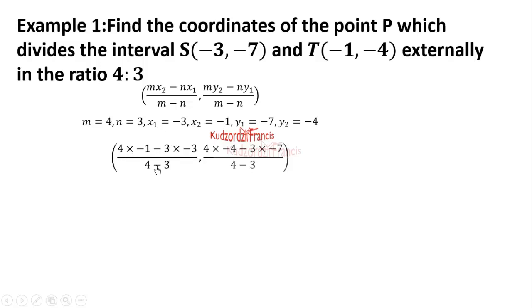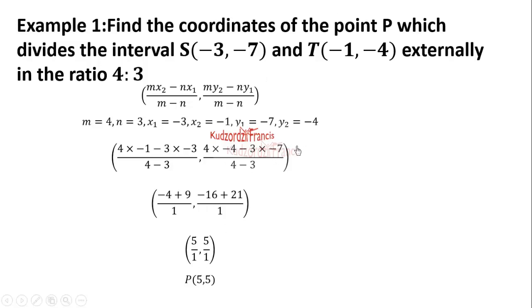So when we multiply, we get -1 plus 9, and this one will give us -16 plus 21. So all divided by 1, so that will give us 5, 5. So the point P has coordinate 5, 5.